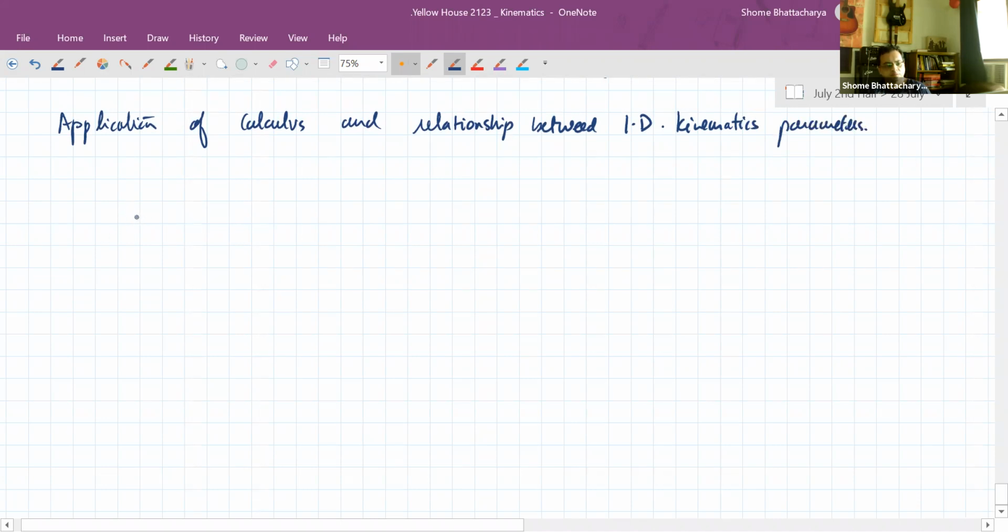If we say that instantaneous velocity is rate of change of position, so we can say displacement in a time interval t1 to t2 will just become integration of velocity with respect to time from t1 to t2.